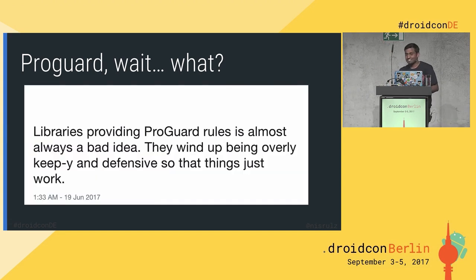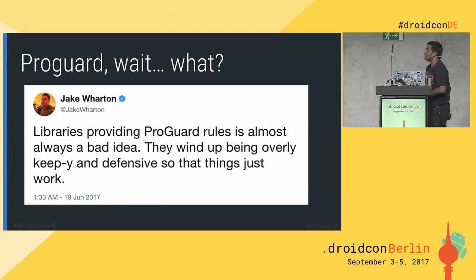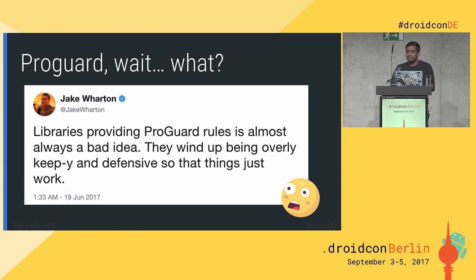But then I read this, okay? And this is by the great Jake Wharton. Basically, he says a library providing ProGuard rules is almost always a bad idea. They wind up being overly keepy and defensive so that things just work. And it made me think that he's actually right. These types of things are something that we just can't avoid. We want to keep our library intact. We don't want it to be stripped off by some app developer.